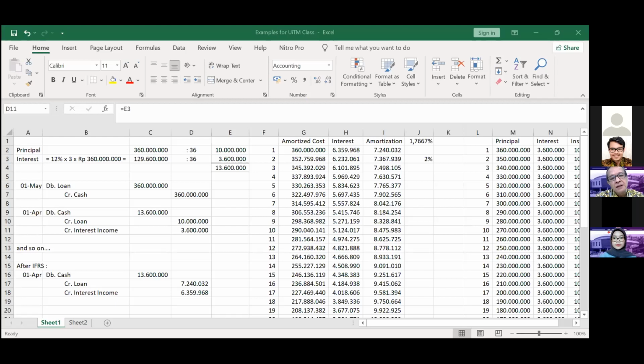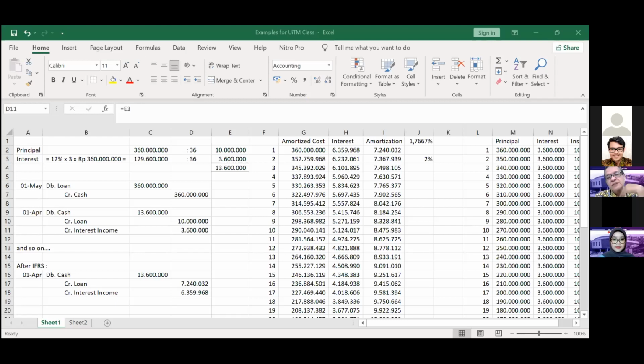If the exchange rate moves up, say to 15,000 per dollar, then our cash flow will be 15 billion instead of 14 billion. That means we lose 1 billion rupiah.